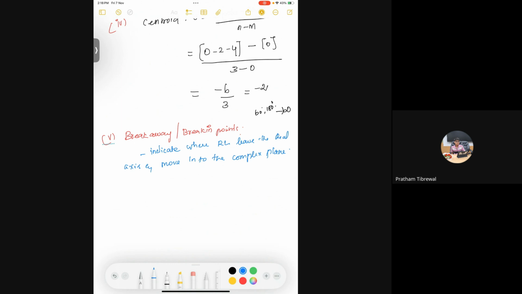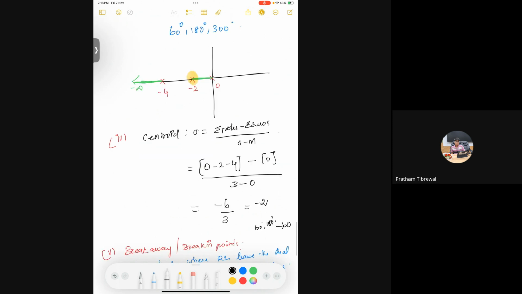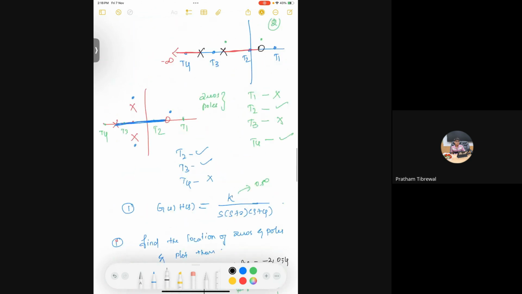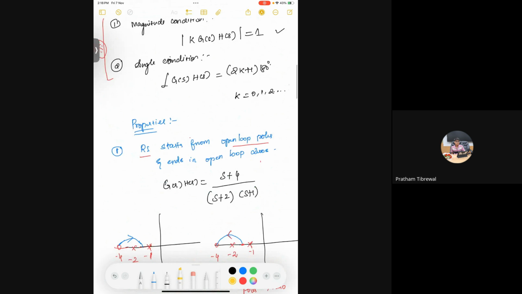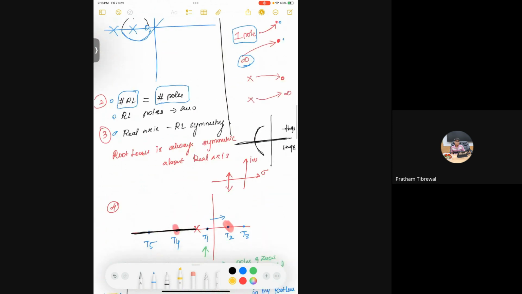The formula to find this is dK by ds equal to 0. So you have a K value or a gain value here, right? Where is our system?